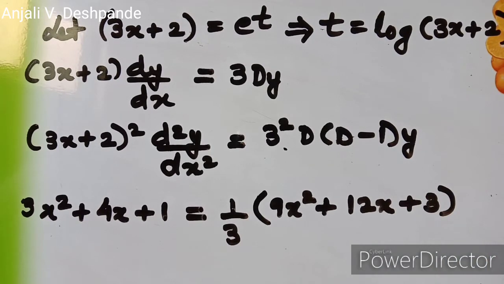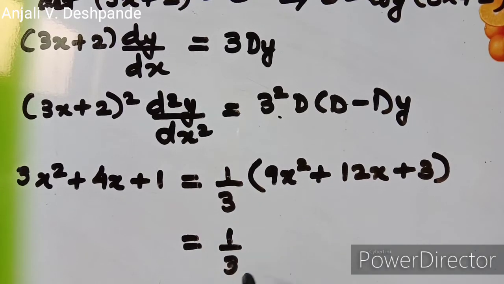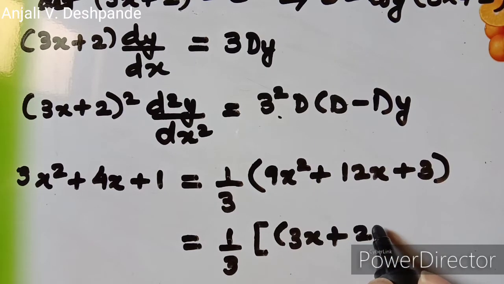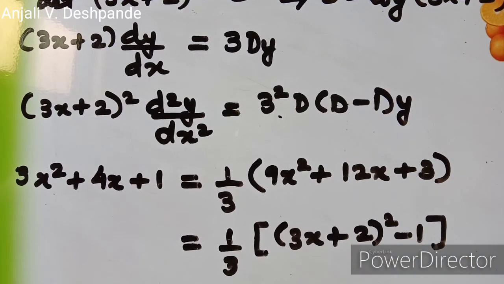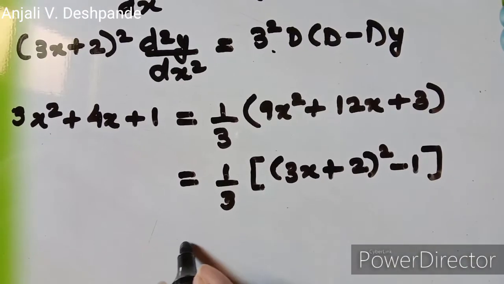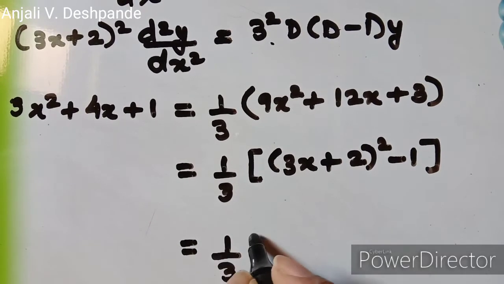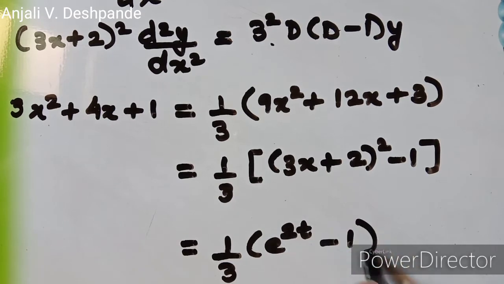And then we can further write this as 1 upon 3 into ((3x plus 2) whole square minus 1). So this will give us 1 upon 3 (e raised to 2t minus 1).